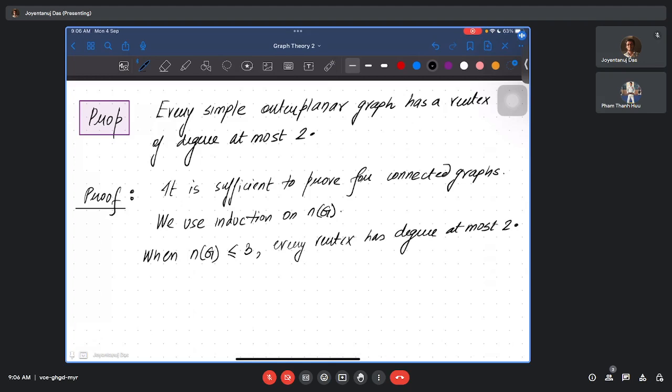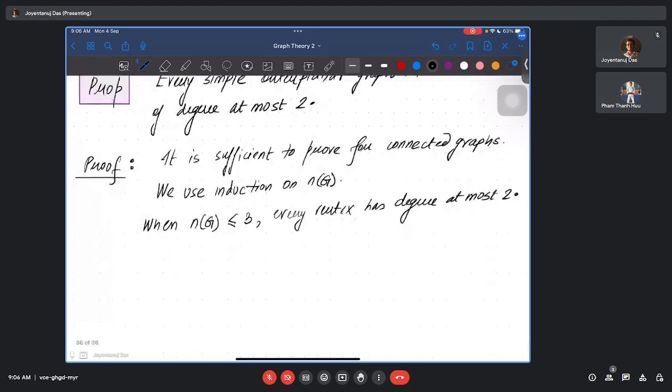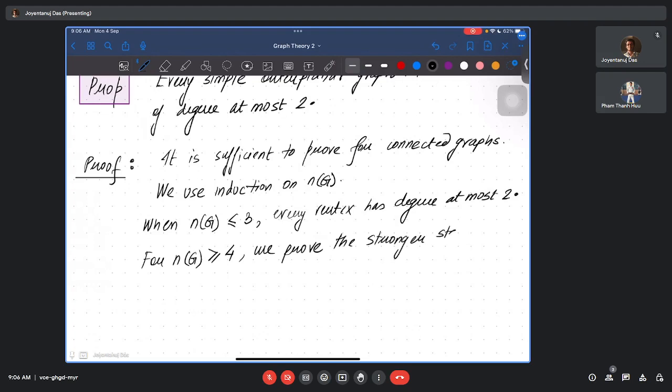Now, if n is greater than or equal to 4, we prove a stronger statement. What is the statement?